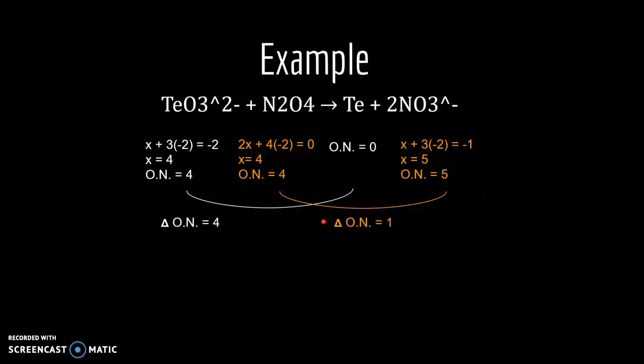So our oxidation number change is 1. However, we are not done yet for NO2 to NO3 minus because of that coefficient right there. You have to multiply your oxidation number change by 2 to get the proper oxidation number change.